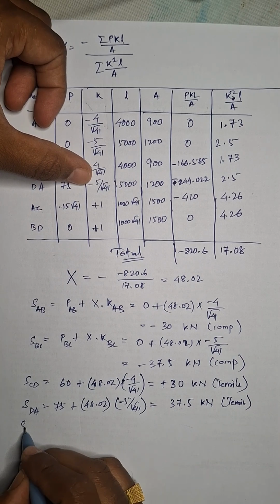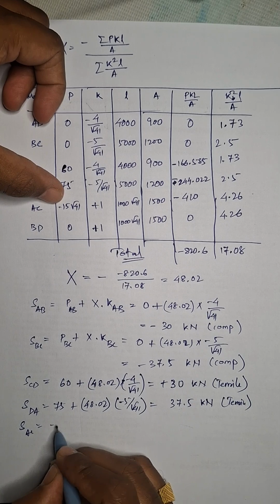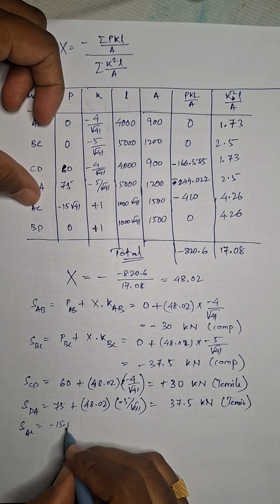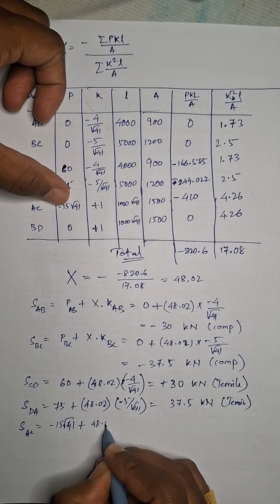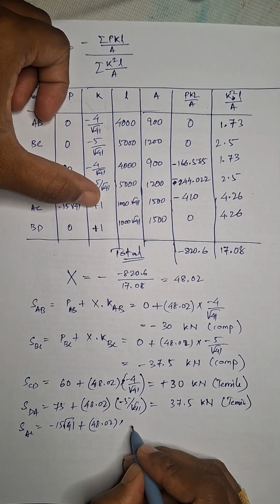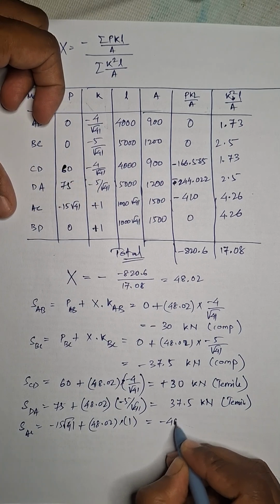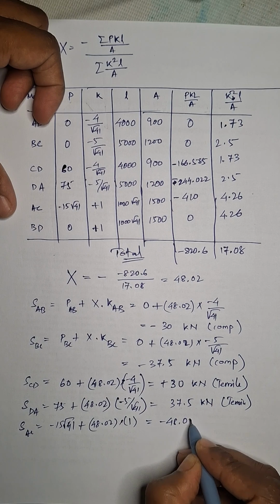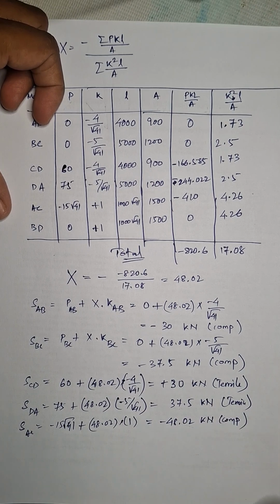Similarly, SAC will be minus 15 root 41 plus 48.02 into 1. So we will get minus 48.02 kilonewton, which is compressive in nature.